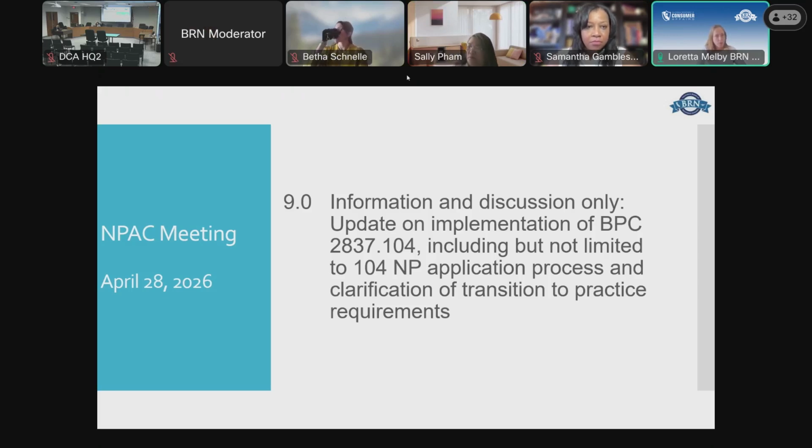Additionally, there is a form that we created for the doctoral of nursing practice hours that can be counted towards the completion of the 103 and towards the 104. That form is a familiar form that you have been using historically as a program verification. It has been updated to be turned into the program director of the NP program that you went to for your DNP, who would be able to certify how many of your direct patient care clinical hours are above what was required for your master's degree and initial license as the NP.